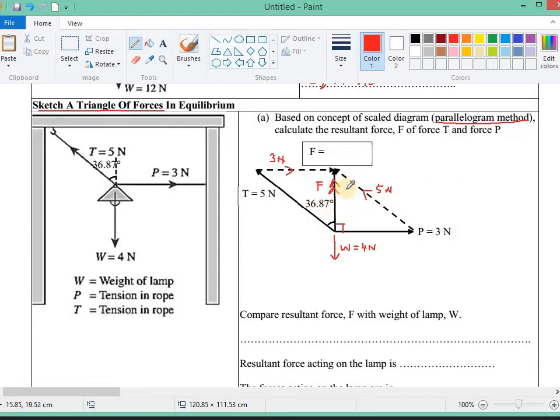From this parallelogram, we can obtain a right angle triangle. You can get the right angle triangle from here or from here. You have two choices, either here or here. For me, I prefer this one.